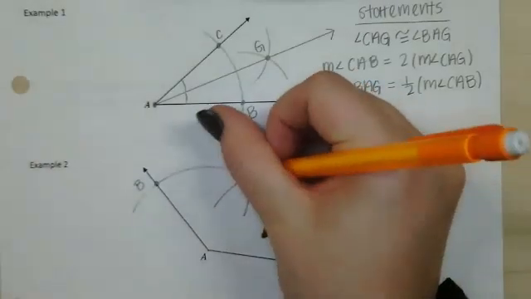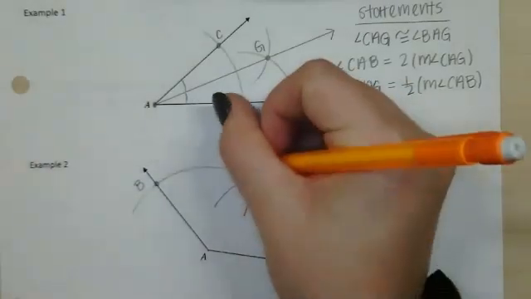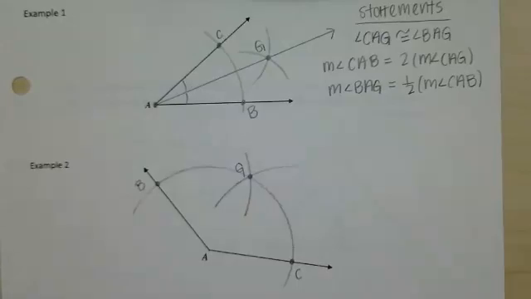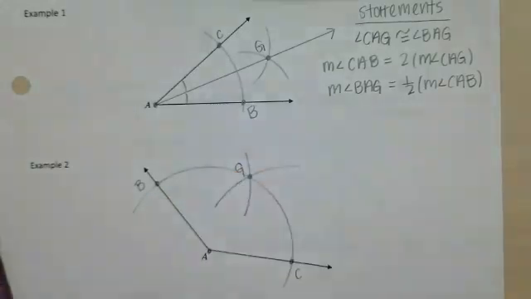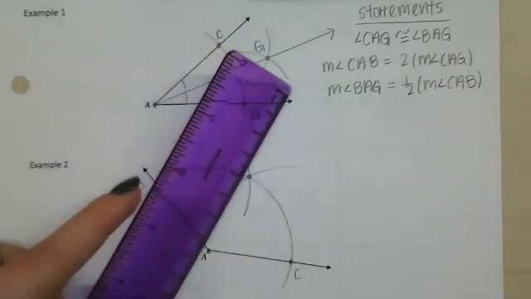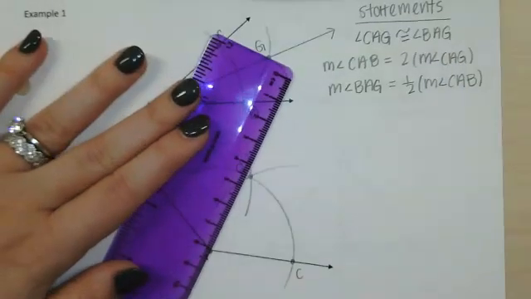So my intersection point's right here, and I'm going to label that G. And then my last step is to take my ruler as a straight edge and draw a line segment from point A through point G.